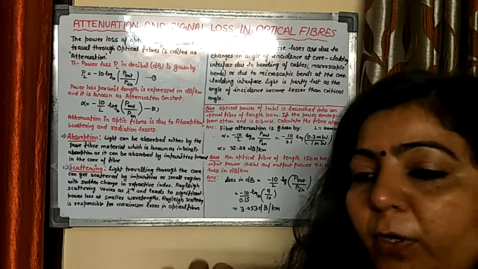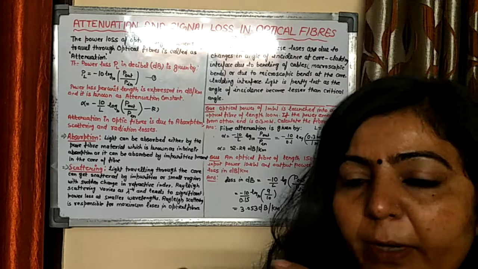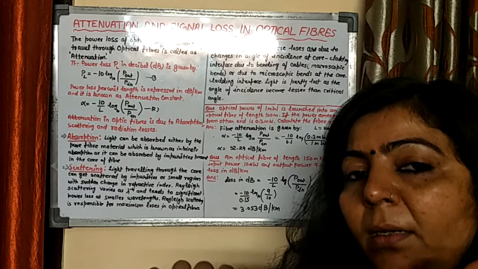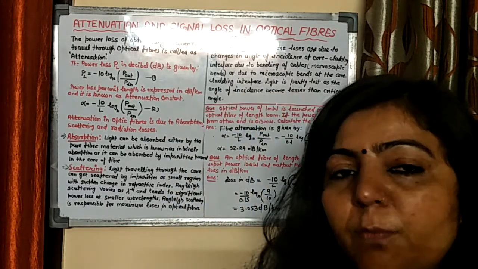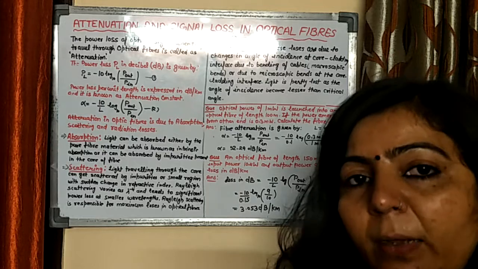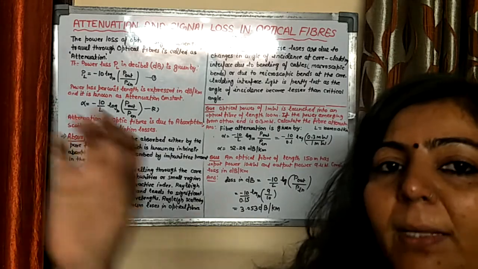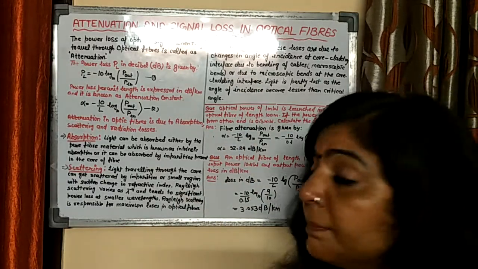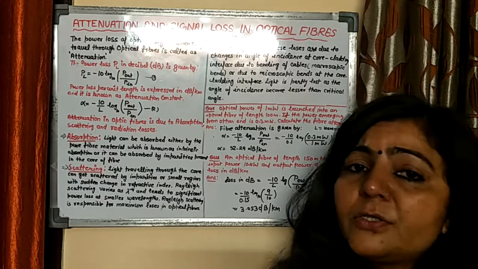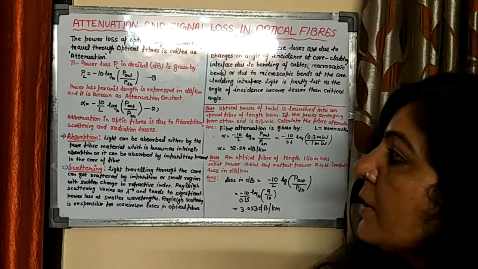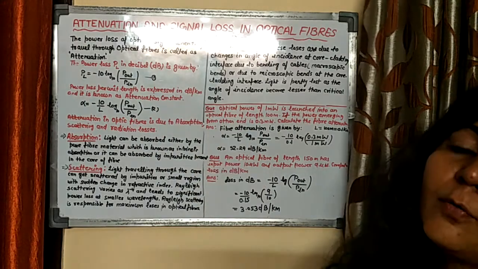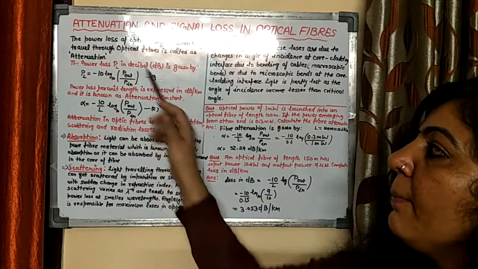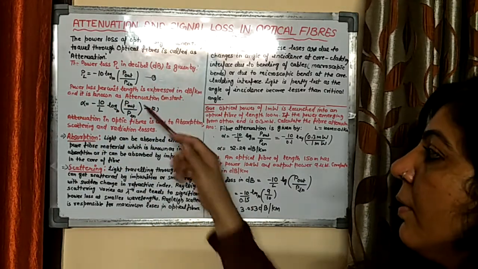And if at that point the angle of incidence is less than the critical angle, then that signal will not travel from transmitting end to receiving end. It will escape from the optical fiber and be absorbed by the cladding. So this factor, radiation loss, also contributes to signal losses or attenuation in optical fibers. Whenever you want to find the signal loss or attenuation for optical fibers, you can find it with the help of equation number 1 and equation number 2.